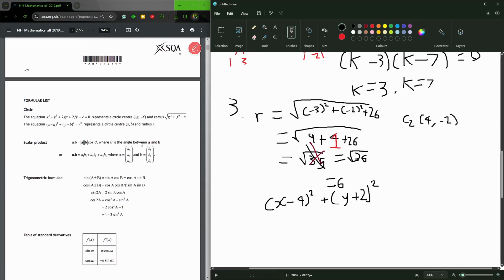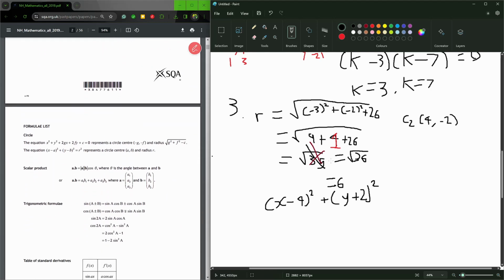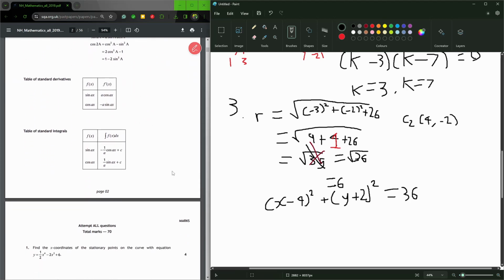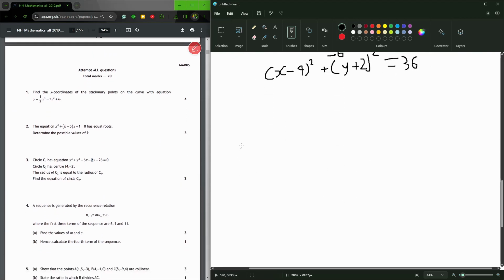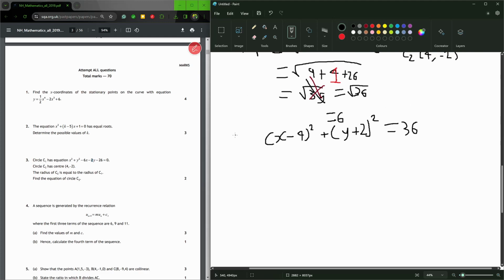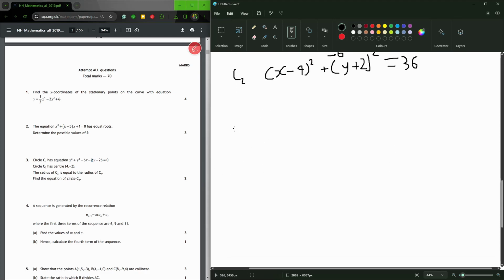And then it equals radius squared. We've already figured out the radius is 6. So that means it must be 36. And boom. It's only 2 marks, you won't need to do much. Question 3, done, dusted. And maybe you want to put like C2 just to make it clear that's what you're on about, but they should figure that out, right?